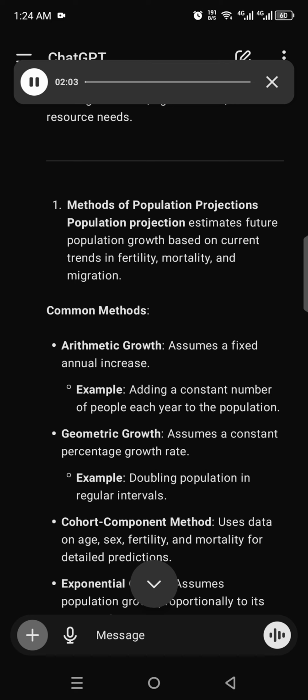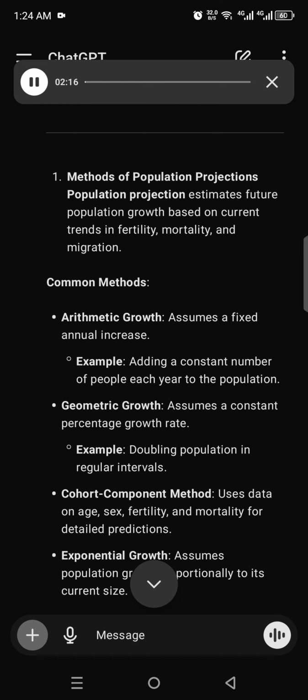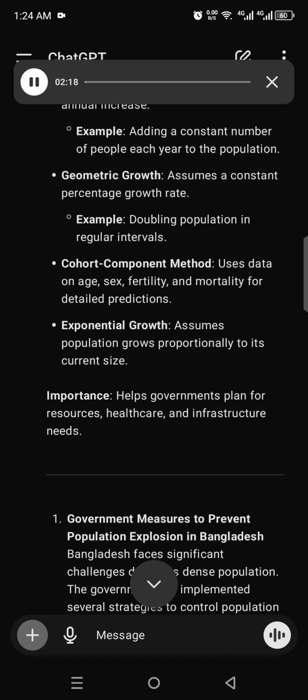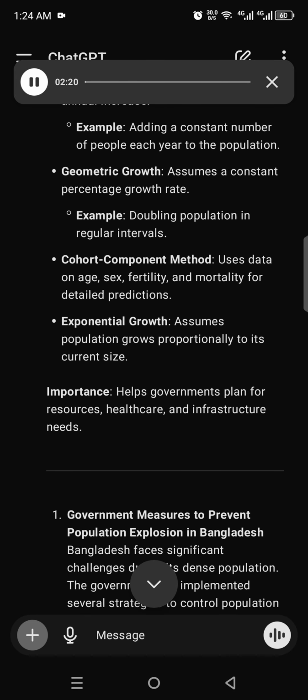Example, doubling population in regular intervals. Cohort component method uses data on age, sex, fertility, and mortality for detailed predictions. Exponential growth assumes population grows proportionally to its current size. Importance: helps governments plan for resources, healthcare, and infrastructure needs.